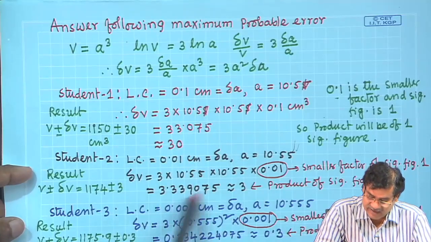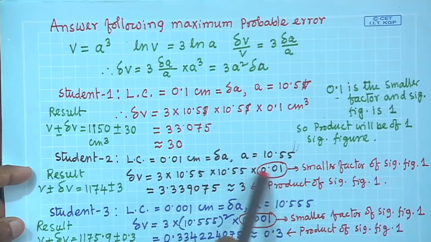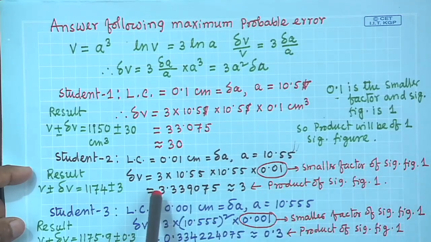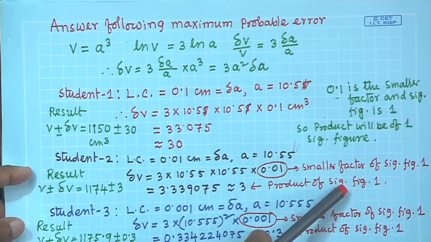Similarly here, this one is the smaller factor and its significant figure is 1. So, this is the calculated result, and it has to be of significant figure 1. So, it has to be 3, which has significant figure 1.